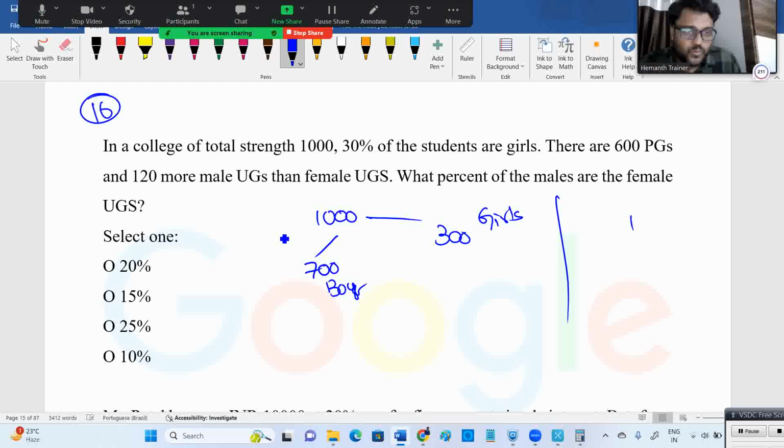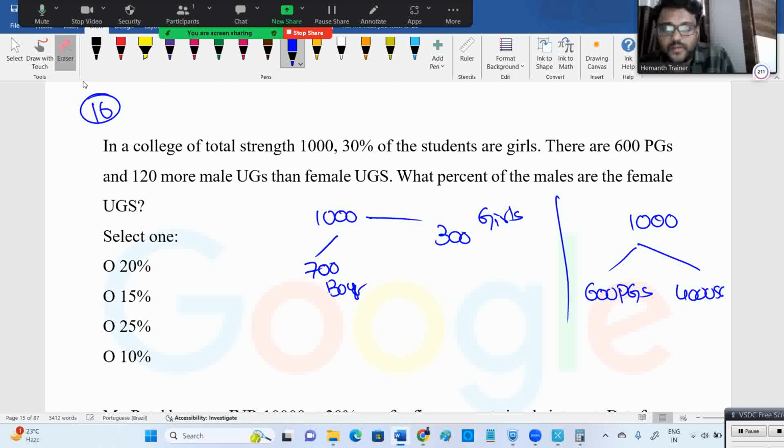So out of 1000 people, 600 PGs are there, and we have 400 UGs obviously, because out of 1000 boys and girls, among them how many are post graduation, undergraduation, right? So UGs are there, PGs are there. Okay, cool.